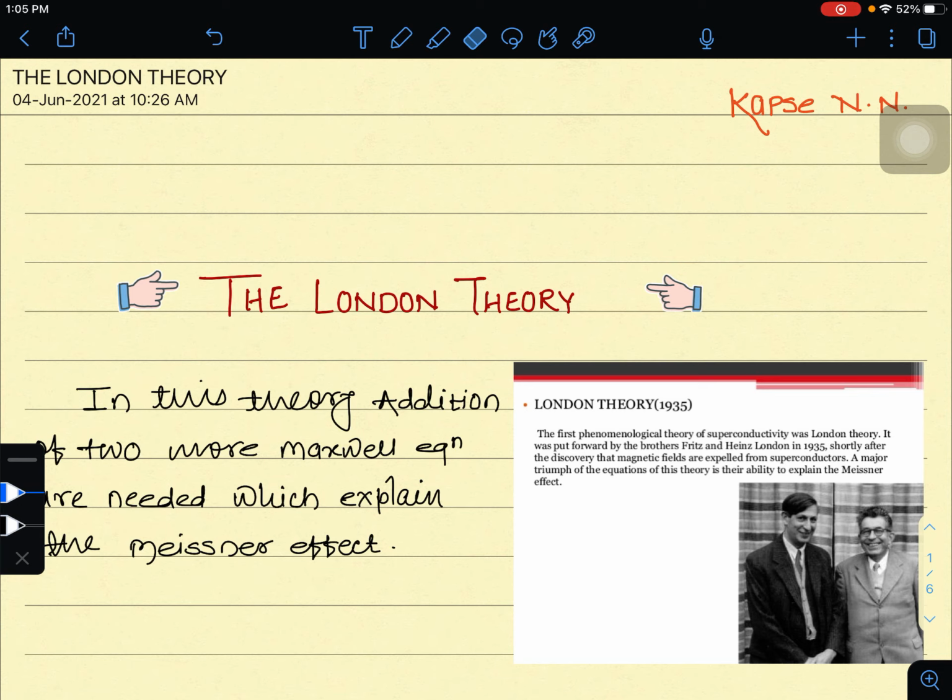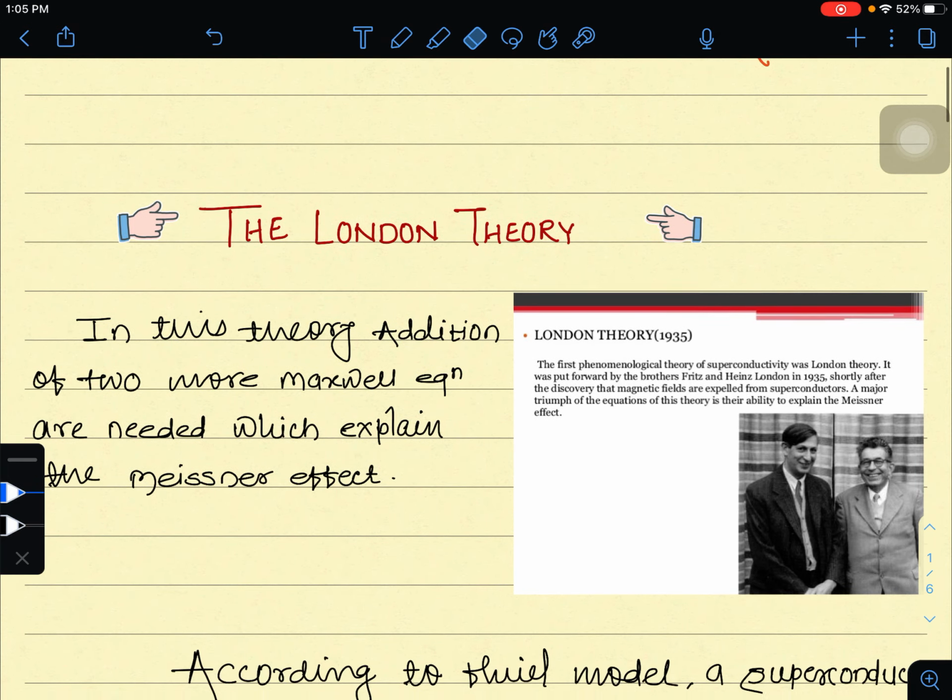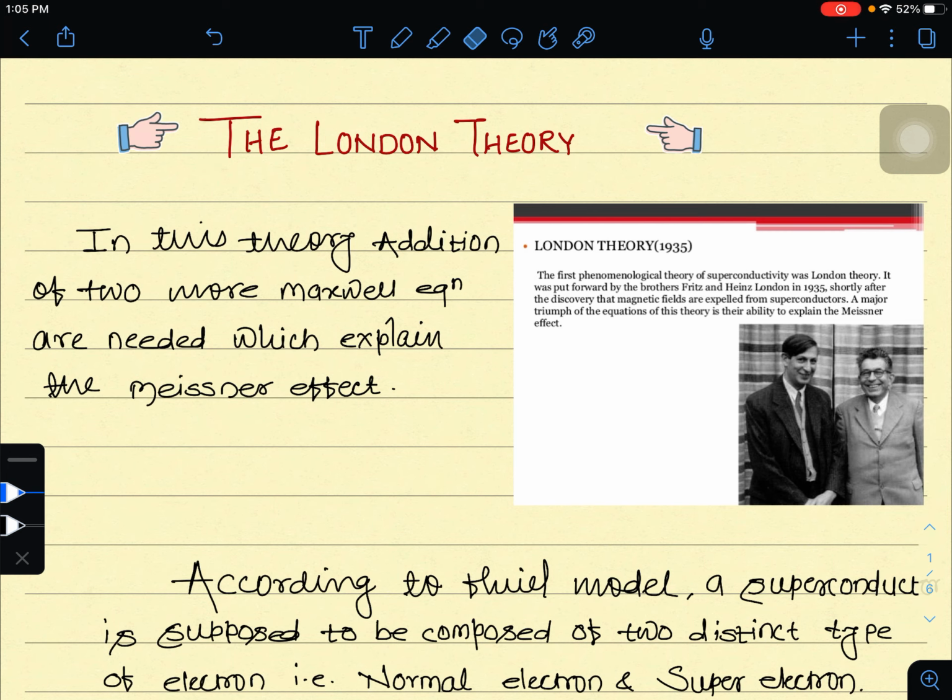In the previous lecture we discussed the Meissner effect, and later the critical field, the critical temperature, as well as the persistent current. So further, we move towards another topic. It is a very important topic related to the examination.